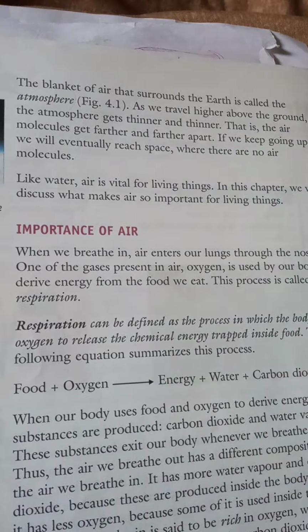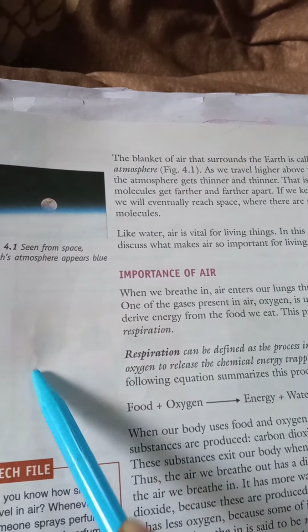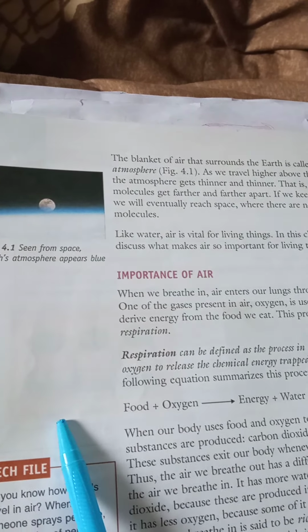The atmosphere is the blanket of air that surrounds the earth. But what actually happens when you travel higher above the ground? The atmosphere gets thinner and thinner, so the air molecules get further apart, and if we keep going up, we will eventually reach space, and in space there is no air.